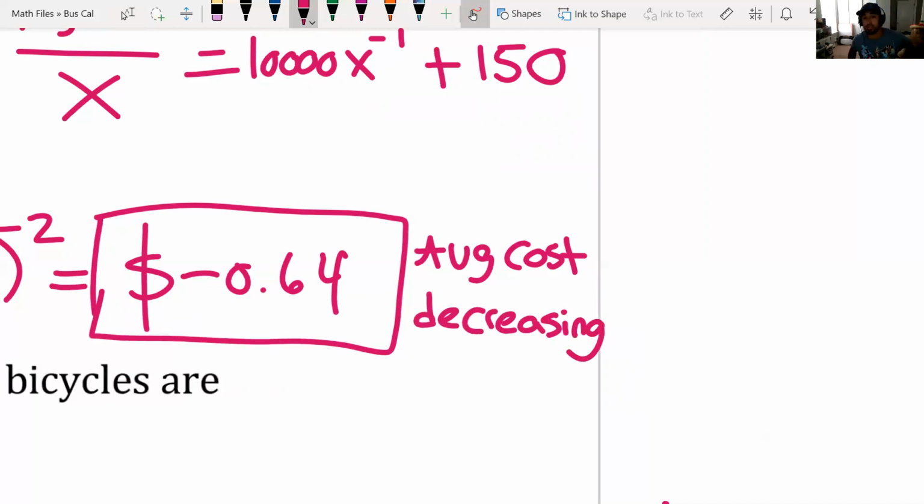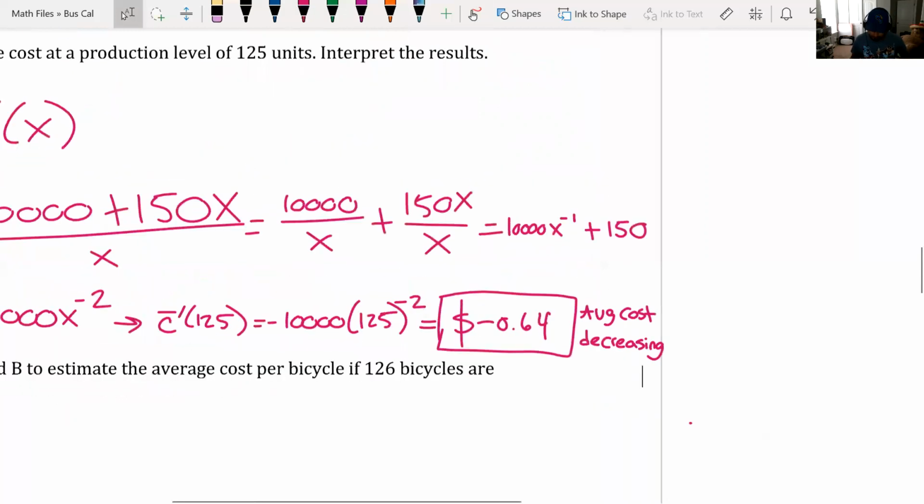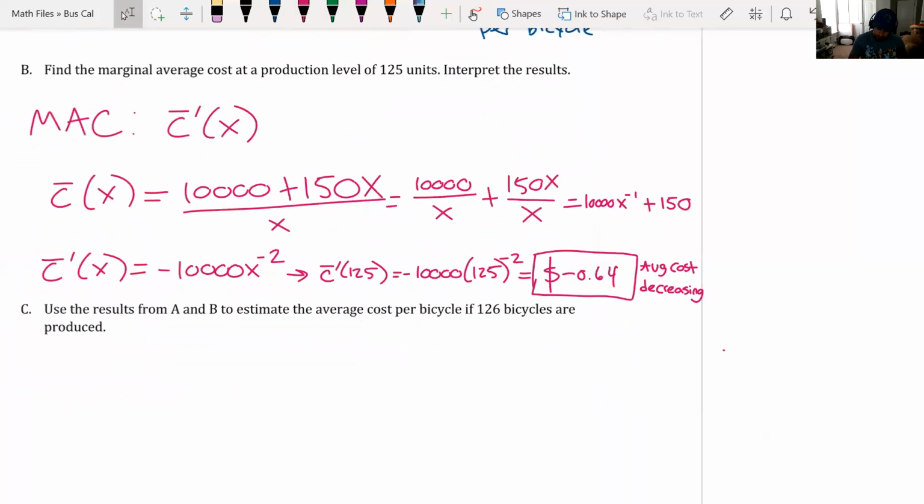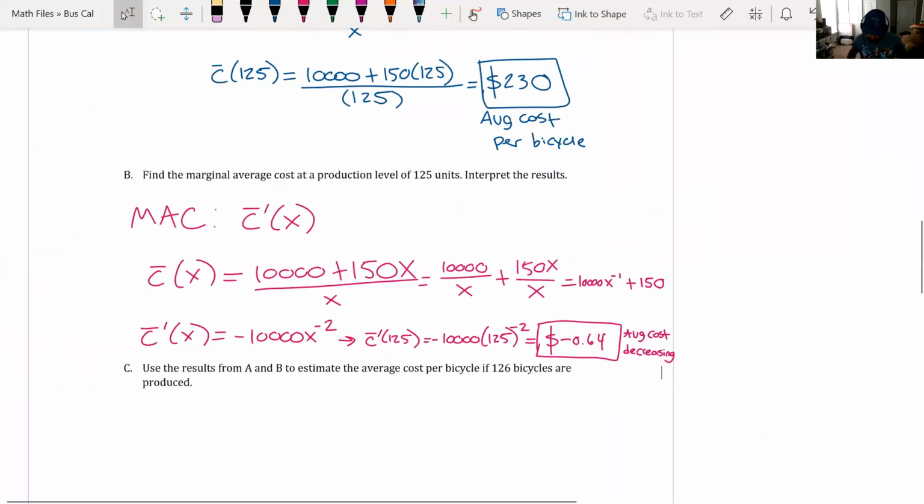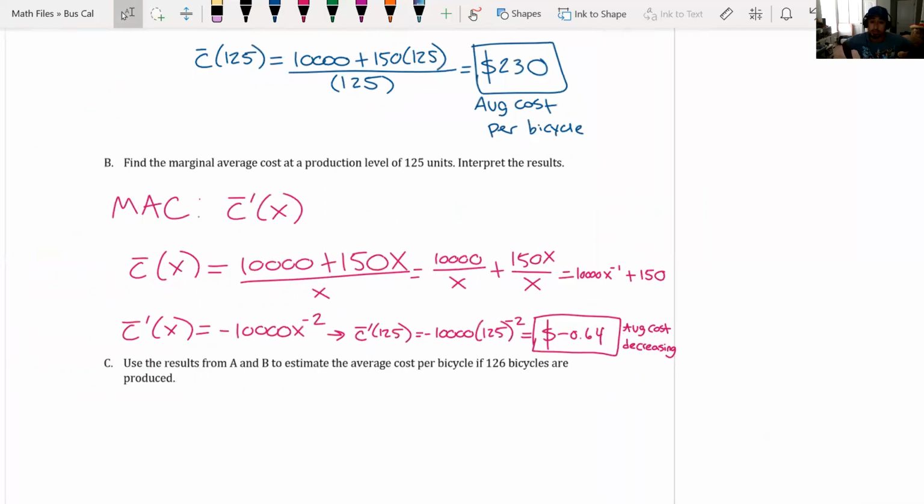Average cost decreasing by 64 cents per bicycle. Okay. And then next says, use the results from A and B to estimate the average cost per bicycle if 126 bicycles are produced.